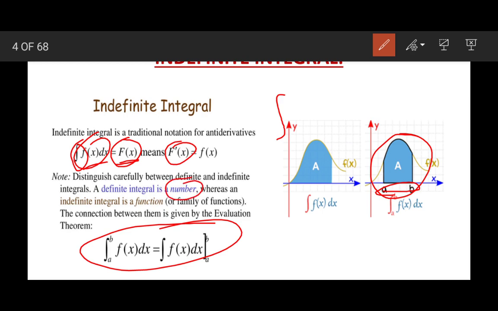In a definite integral we are getting a number, but in an indefinite integral we are getting a function. This first diagram represents the indefinite integral. So in an indefinite integral we are getting a function, while in a definite integral we are getting a number. So let's start.